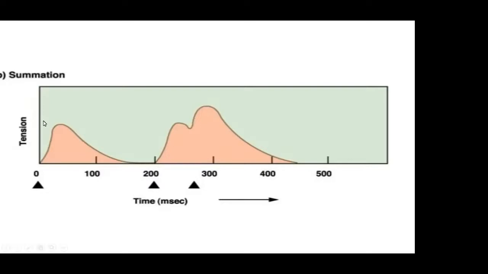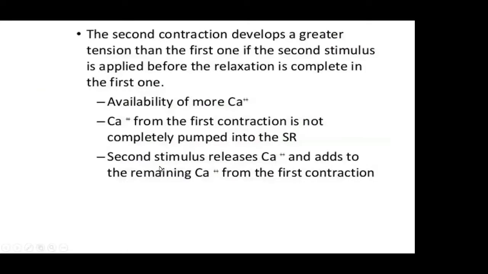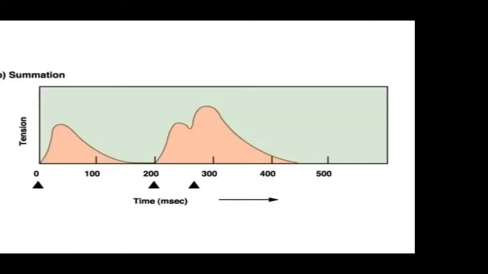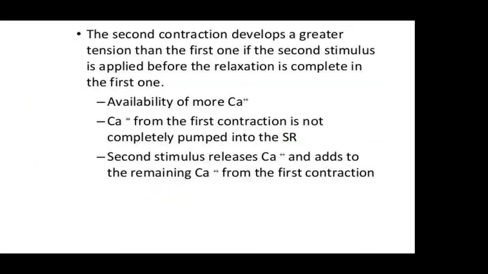Now, if you give the second stimulus just after the contraction and relaxation phases are over, what will happen? You will see that there are two waves, one followed by the other, but the height of the second wave is more. This is again due to the beneficial effect.